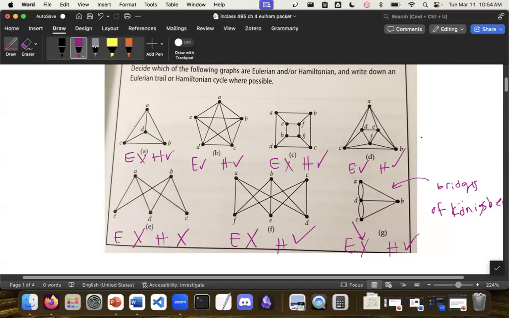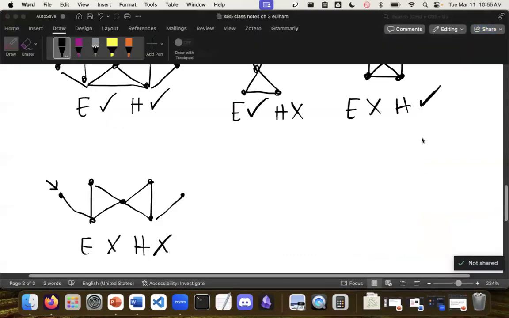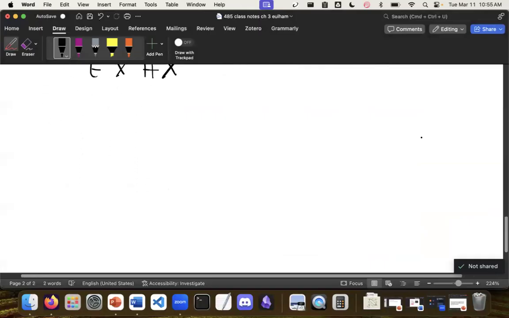Let me resituate these here. So we can write this as a theorem. The book numbers it theorem 3.1, which says, let's start with a graph that has all even degrees.